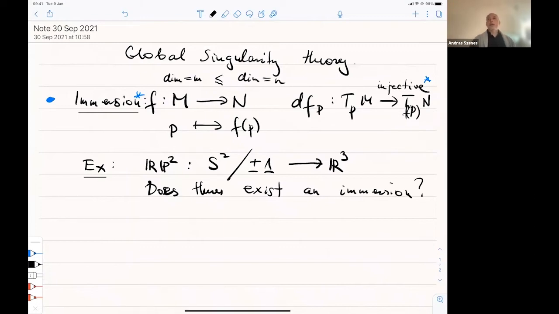Okay, so I will not answer this question today. I'll leave you to look this up, but this is quite a reasonable question, and I will describe now an approach to how to deal with a certain aspect of this question. In fact, the approach will tell us how to prove that the immersion does not exist.